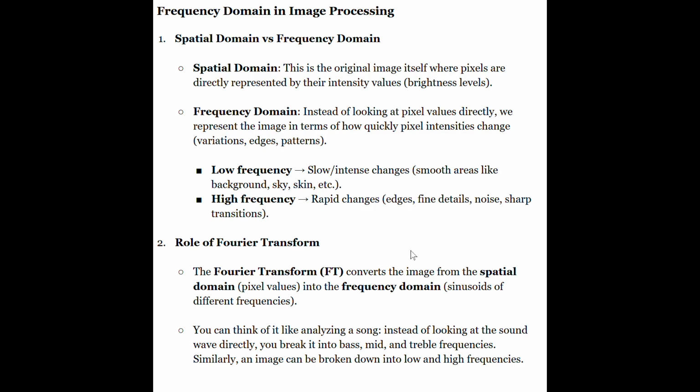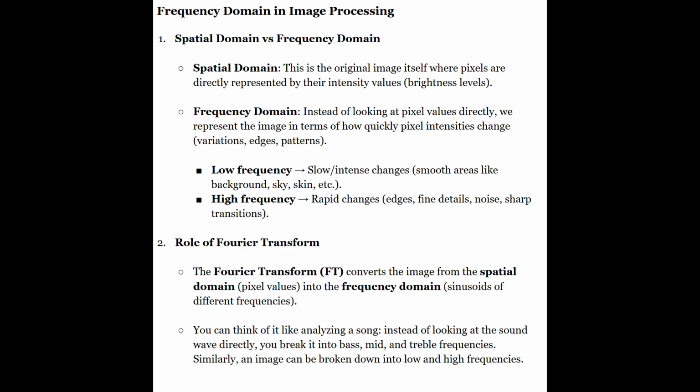Let us see something more about the frequency domain in image processing. If I compare the spatial domain versus frequency domain, the spatial domain is like the original image itself, where the pixels are directly represented with the pixel values or the brightness levels.